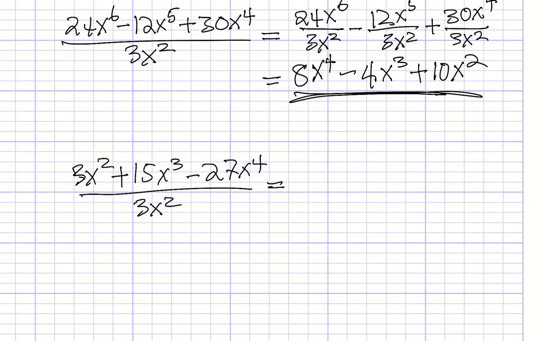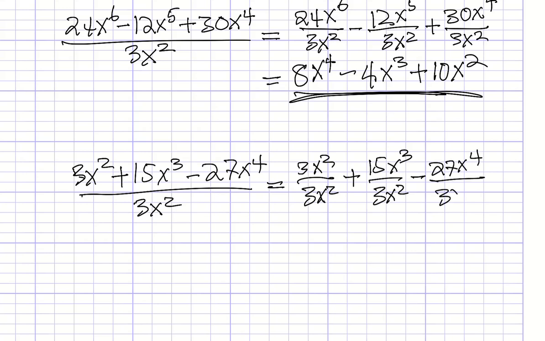Here anything goes. So we'll write it 3x over 3x squared, like that, plus 15x, like that, minus 27x, like that, and then we'll start simplifying things. This is x. Actually, this is 1. That one is 1 because everything cancels out. So this is 1. I hope you see it.